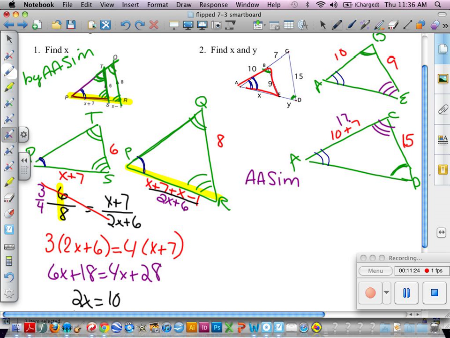And now I got to match my parts. I'm looking and I missed this right here. This is x plus y. So now I'm looking at my first triangle ABE, and I see 10. So I'm going to take my 10, and what corresponds with that 10? I'm looking at a single marking and a double marking, so I'm coming down here looking for single and double, and that's going to get me my x plus y.